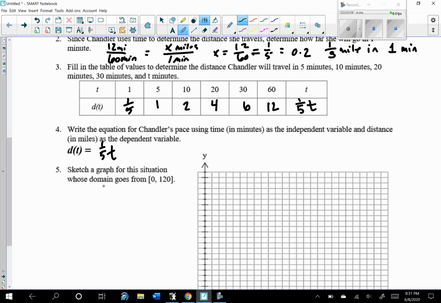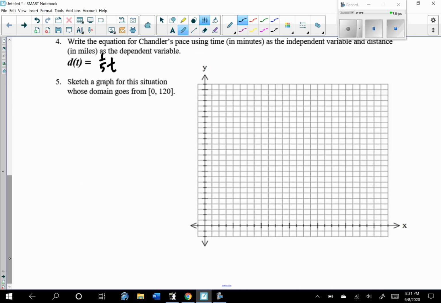It says the domain goes from 0 to 120. Since we're going from 0 to 120 for my domain, I'm going to go by 5s as I'm counting on the x-axis scale. I only wrote out the 10s, and then we want to figure out what's the highest range value that we have.